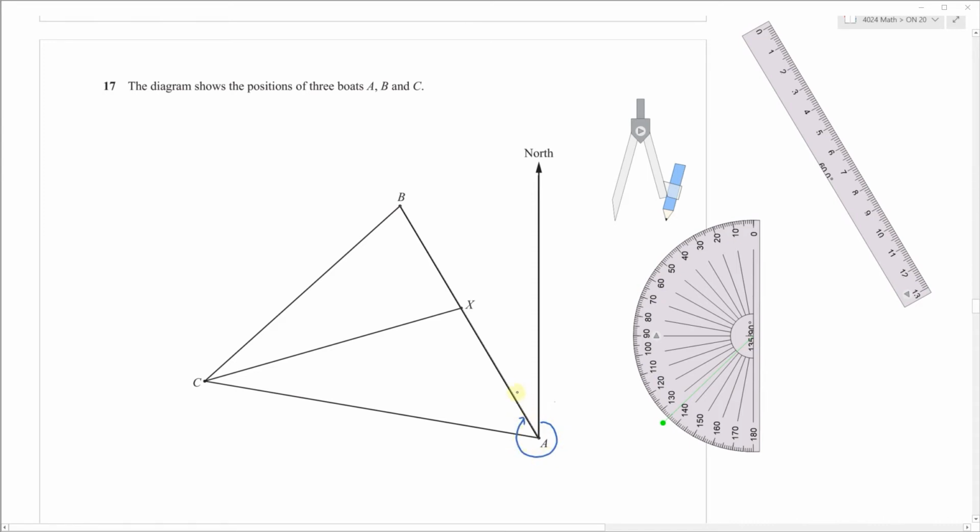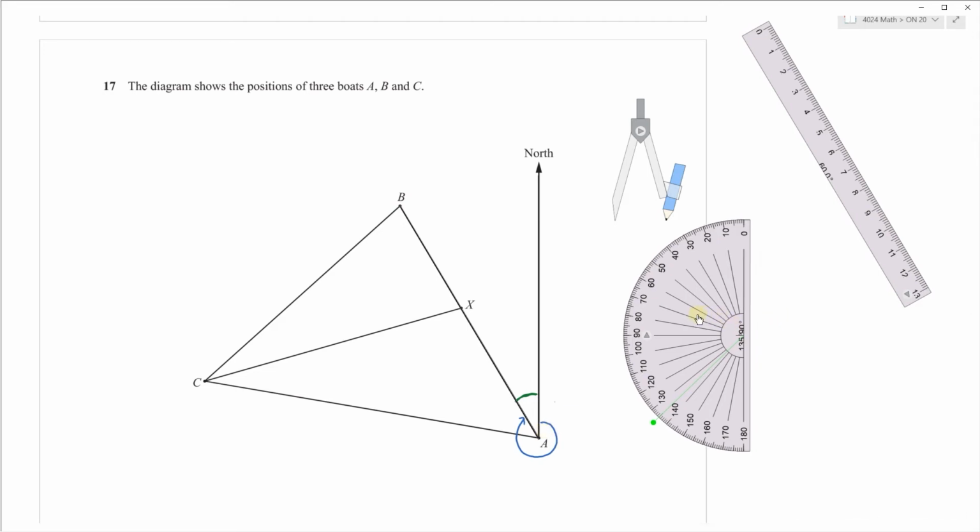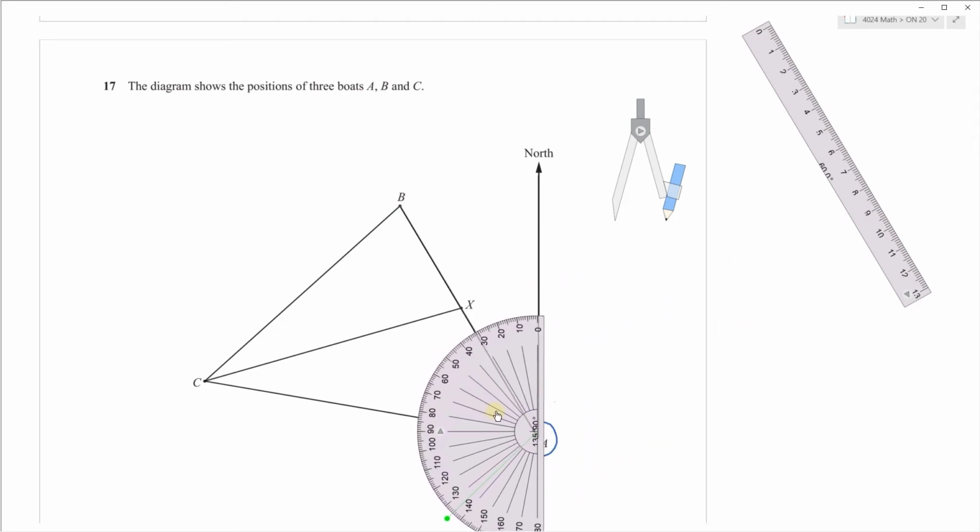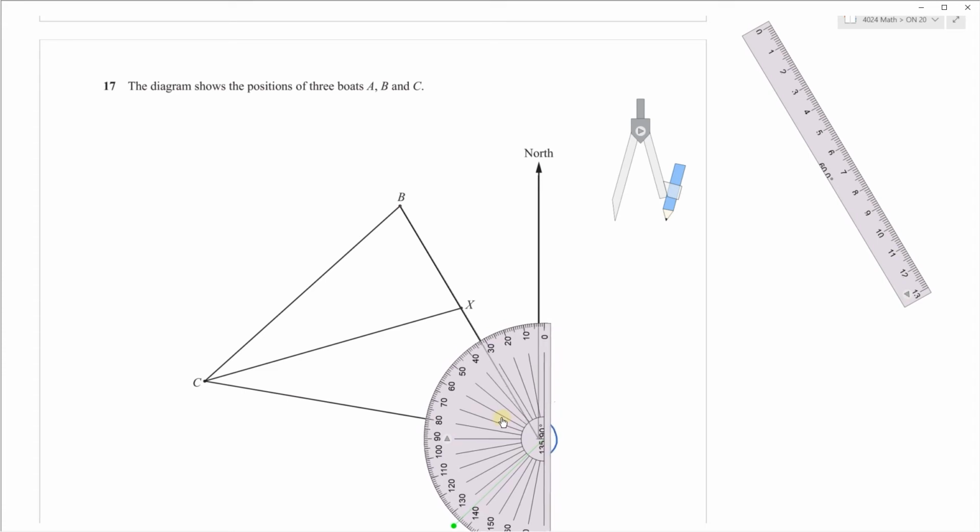Since my protractor is only up to 180 degrees, I can easily calculate this green angle, and if I subtract this green angle from 360 degrees, I will get this blue angle, which is my bearing of B from A. So let me use my protractor here and center it at A.